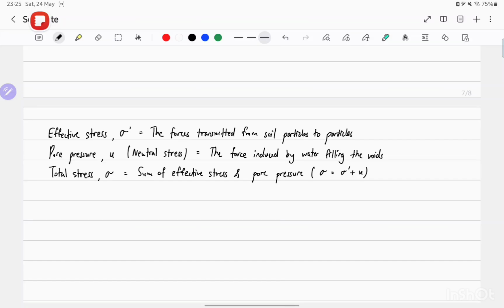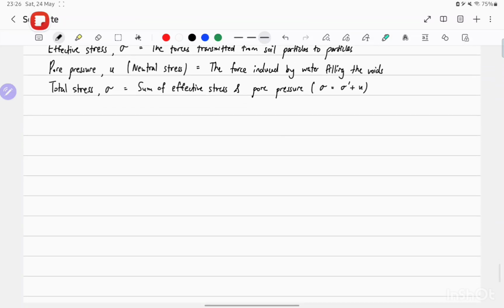So there are a few types of question we are going to understand. The first one will be the normal situation where we have layers of soils with water, and that will be the most basic situation. Number two, we will have seepage, which means that water moves within the soil layer, because in our first condition we assume that water is static, so there's no movement of water.